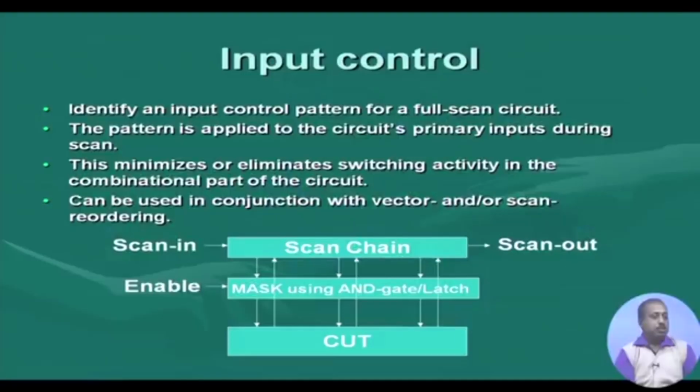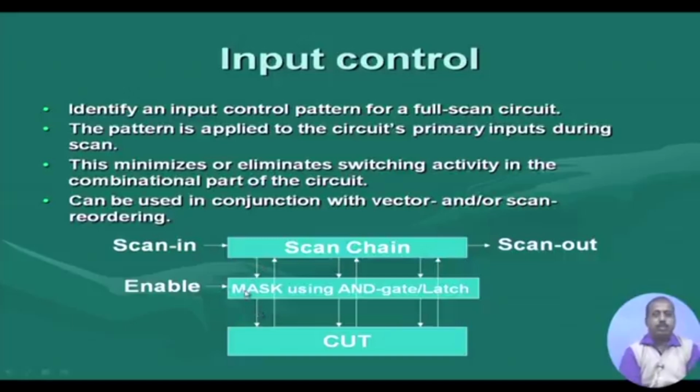Another possibility is to control the input. I have said that when the test patterns are going through this scan chain, the circuit is seeing those transitions. But if I can do it like this, with a mask in between and an enable signal, then when scan shifting is going on, the mask will disable these inputs coming to this side.